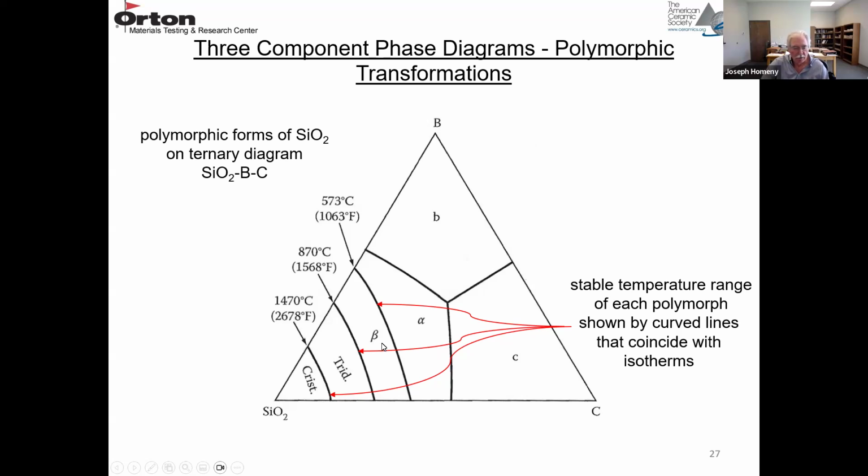So beta quartz transforms by a reconstructive transformation to tridymite, but really at temperatures around 1400 degrees C, the kinetics are fast enough for that to happen. And then the other reconstructive phase transformation, tridymite to cristobalite, takes place at 1470 degrees C. So that's another reconstructive transformation. So this diagram shows the polymorphic phase transformations for a material like SiO2.